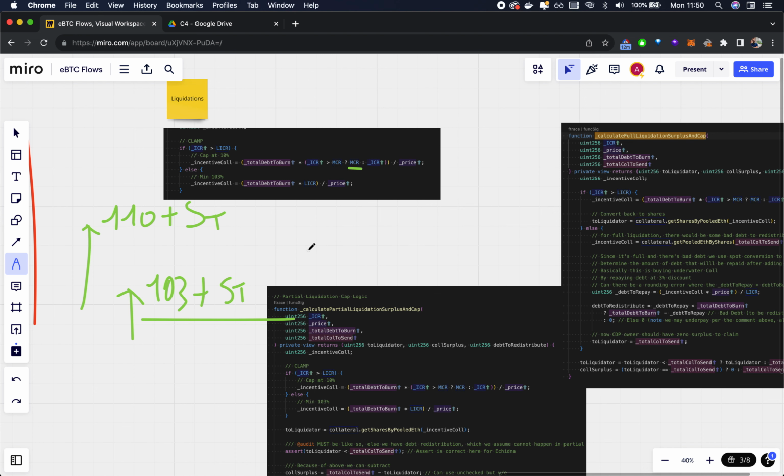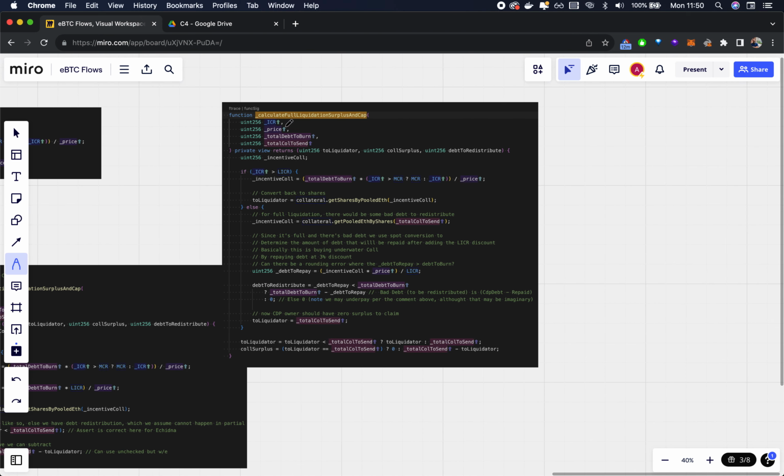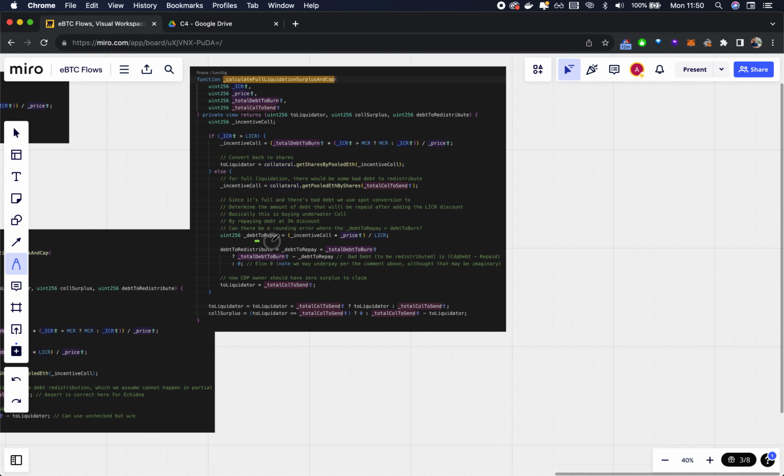Something very interesting to me about how we do this is that in the full liquidation, when we are undercollateralized, we don't look at the system as the debt we burn over the price, but instead we look at the debt to repay as the collateral times price divided by the bonus.